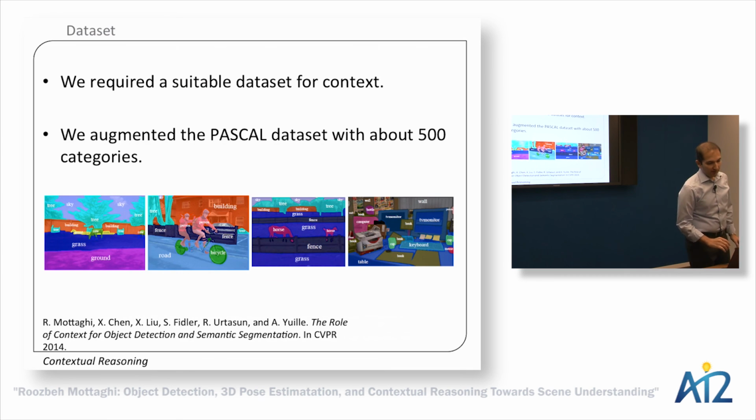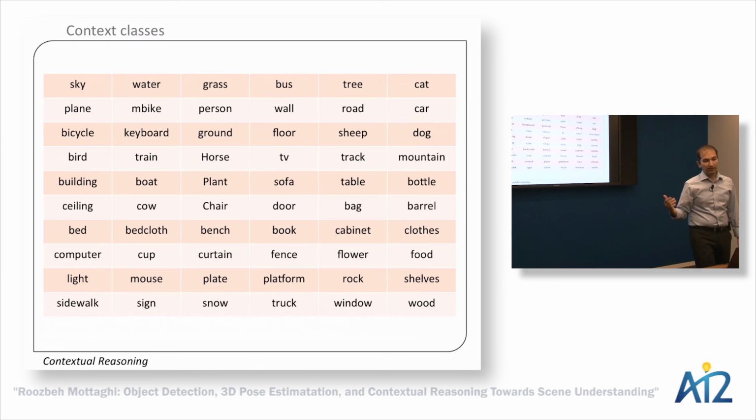For this task, we required a suitable data set for context. So we augmented the Pascal data set with 500 additional categories. Pascal is one of the challenging data sets in computer vision, but it only has 20 object categories. We augmented that data set with 500 additional categories, providing other labels. These are some context classes like sky, water, grass, and so on.